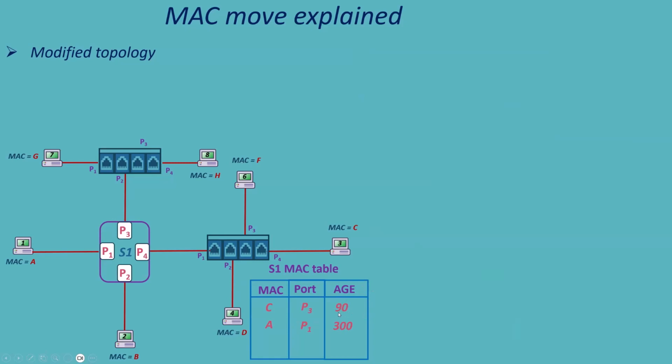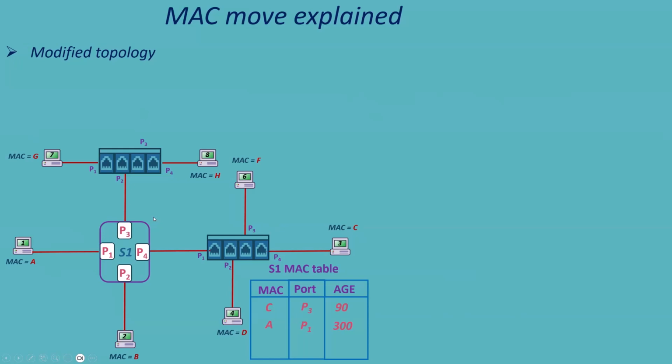So now again, we are sending a frame from PC1. PC1 is intending to send to PC3, but because switch 1 is not aware of the right place where exactly PC3 is, it is only aware of the old entry.